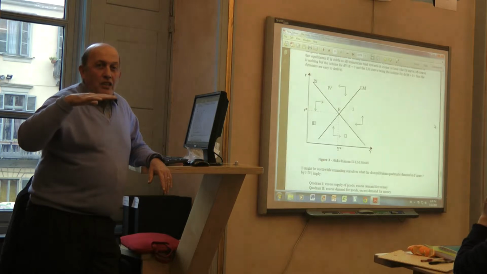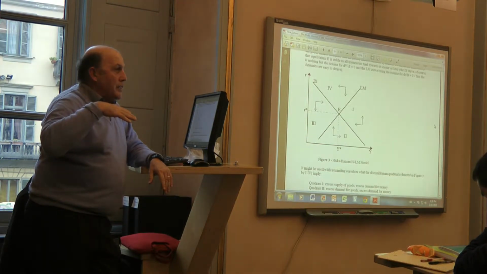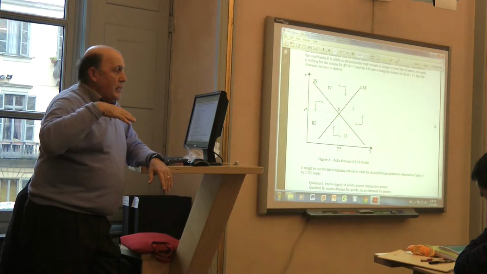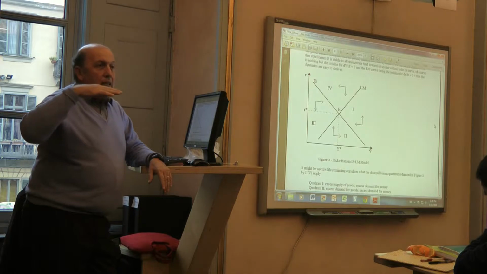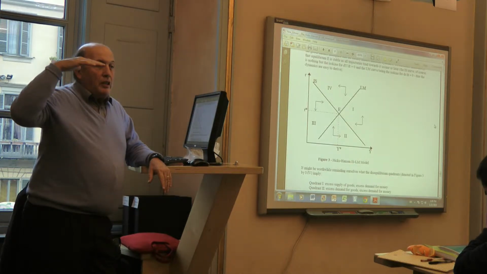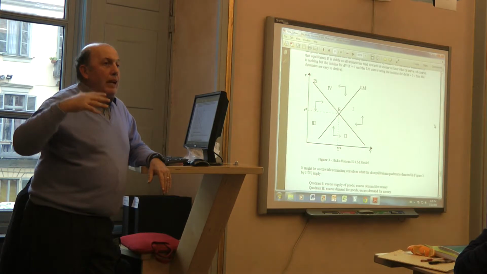At some stage, investment becomes insensitive to the rate of interest. Even if you lower the rate of interest further, investment does not increase. Do you follow? This is called liquidity trap.